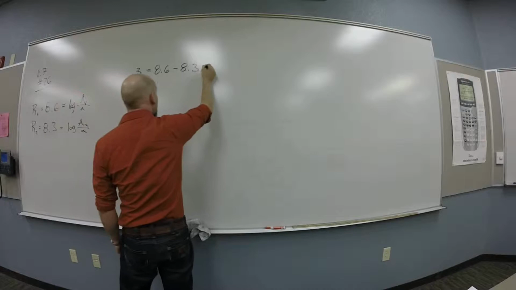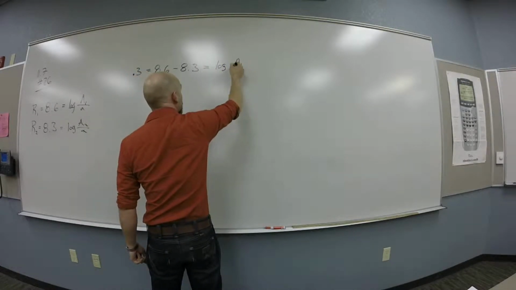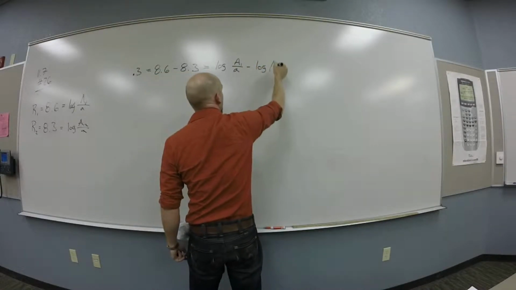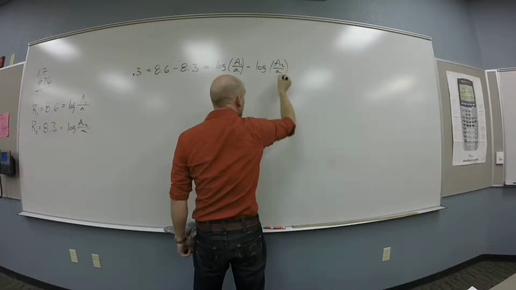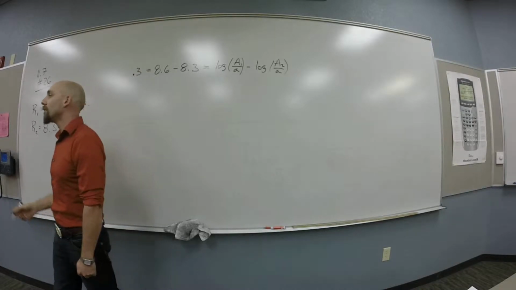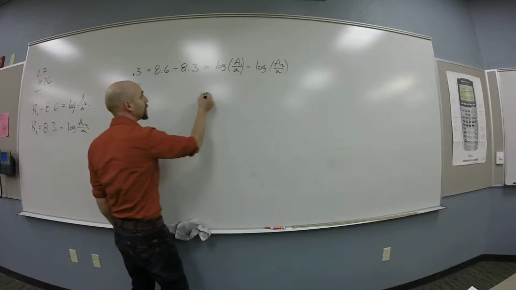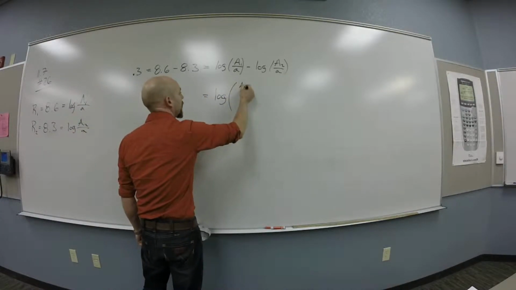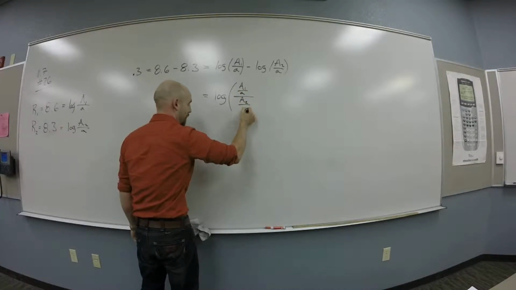On the other hand, that's the log of the amplitude of the first earthquake over the reference minus the log of the second earthquake over the reference, right? And then I have a log rule for this, right? So I should divide the arguments. So this is the log of A1 over A2 over, okay.